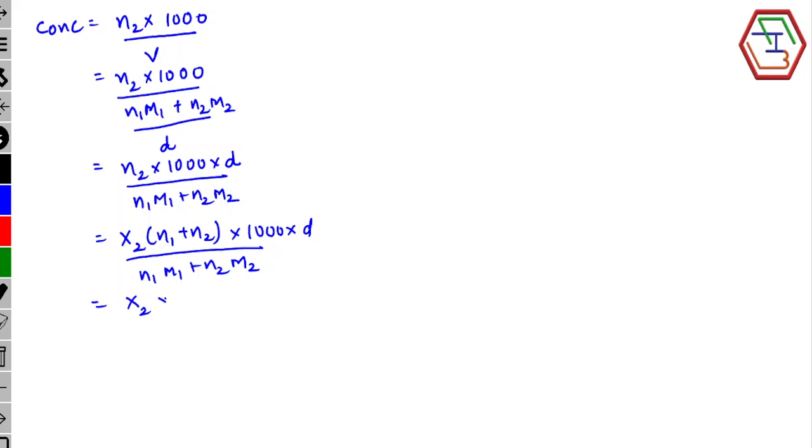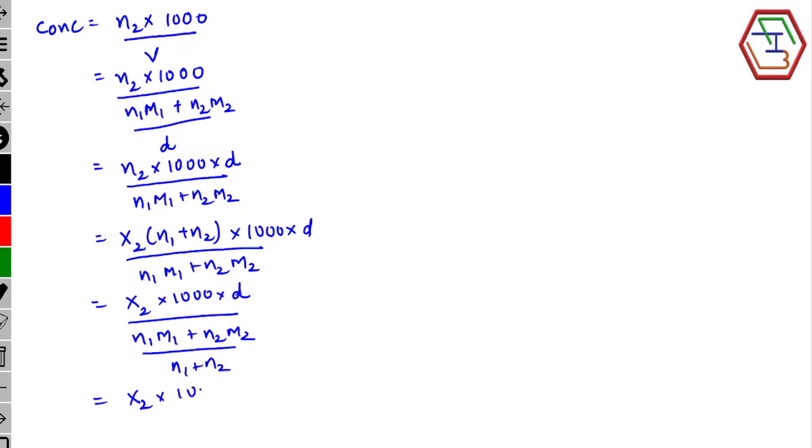X2 into 1000 into density divided by N1 M1 plus N2 M2 whole divided by N1 plus N2. So can it be written like this?